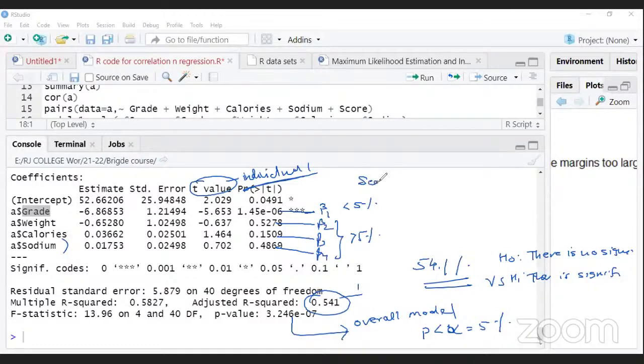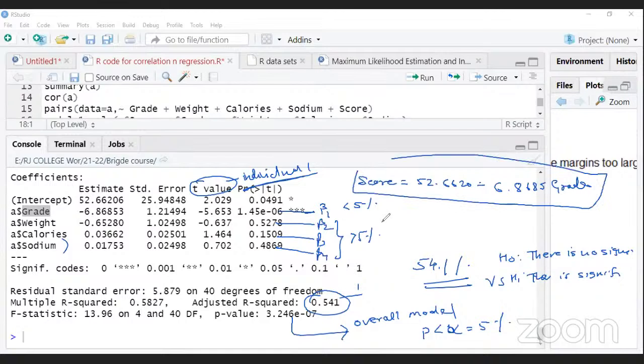So score is equal to beta naught, which is coming 52.6620, minus 6.8685 beta 1, which is your grade. The rest of the variables are insignificant, so I will drop them from the model. So this is my actually fitted model.